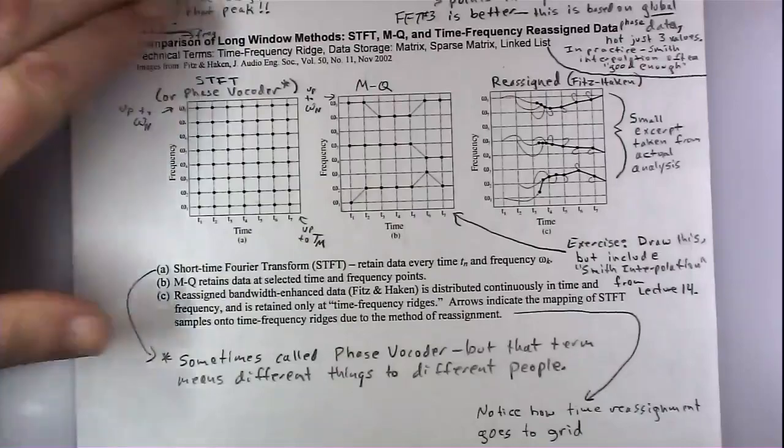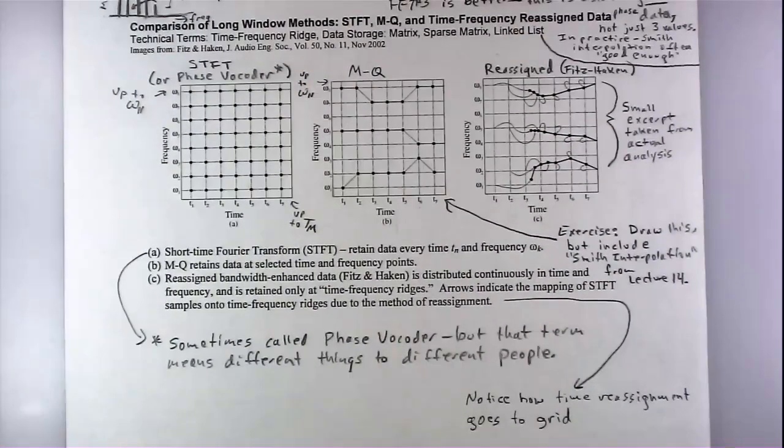So, what can I say down here? Short-time Fourier transform, yes, you retain everything. MQ retains its selected time and frequency points, and reassigned is distributed continuously in time and frequency. One thing that's interesting here, notice how the time reassignment goes to the grid. Now this particular sound isn't the really low cello tone, I forget what this was from. It wouldn't happen that fast there, but look at this.